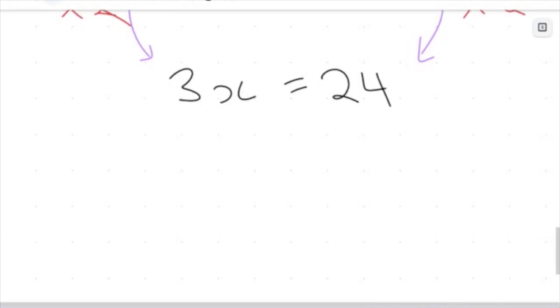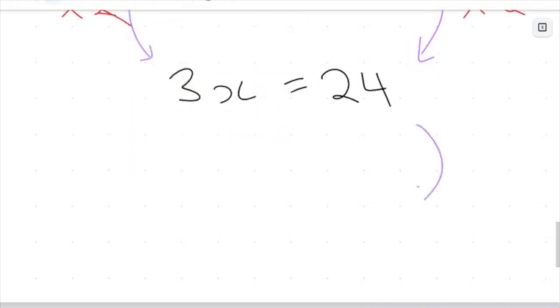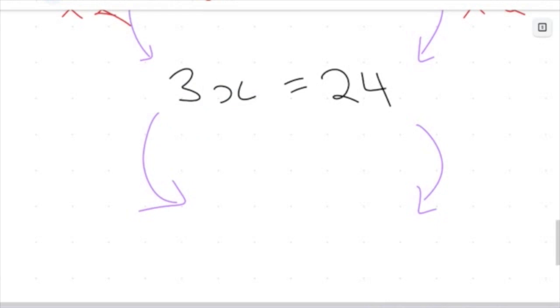Now, very last step, what multiplies by 3 to give me 24? Well, we can find that out by saying that that something should be 24 divided by 3. 3 times something gives me 24.